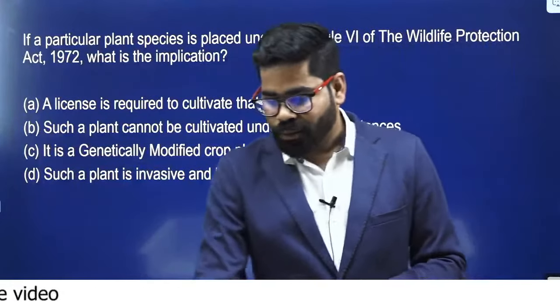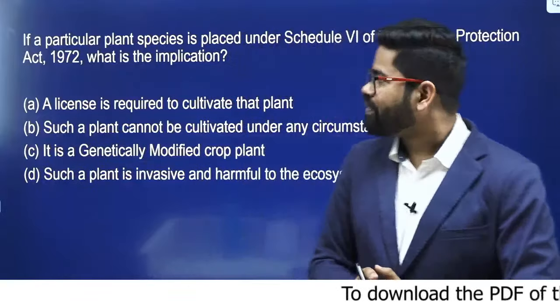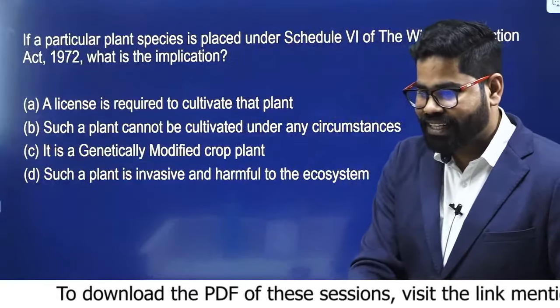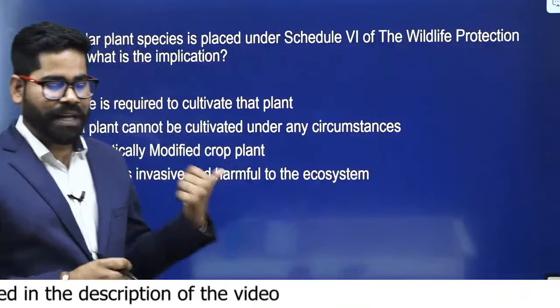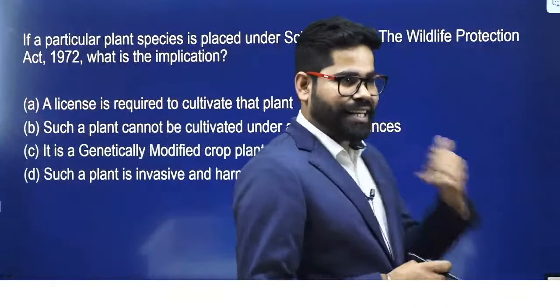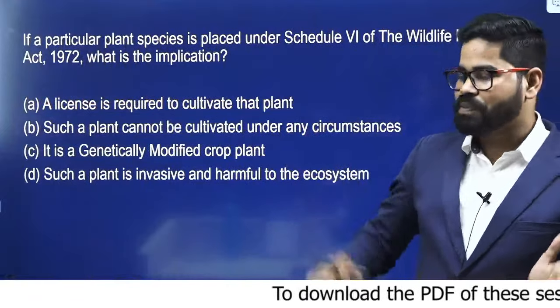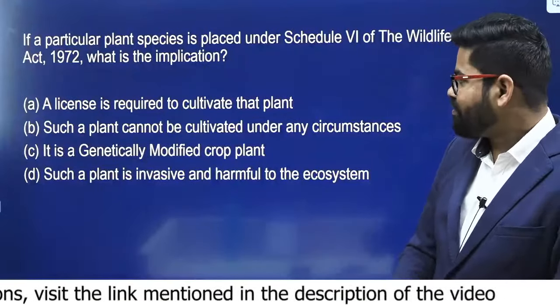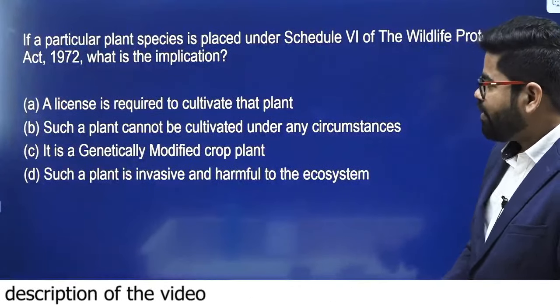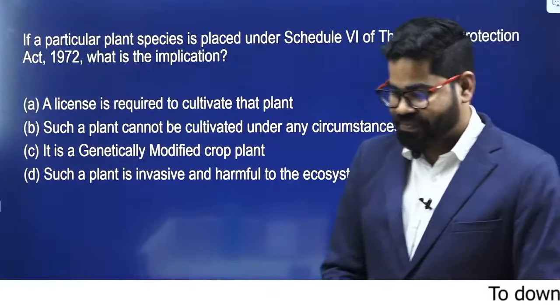So what would be the correct answer here? What would be the correct answer of this question, if a particular plant species is placed in Schedule 6, what would be the implication of this? Anyone? What can we get from here?